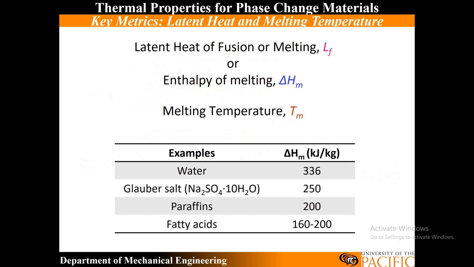There are lots of different candidates. Water would be an excellent candidate, but again, water melting and freezing at particular temperatures might not be the best for your application. But you can see some of the key parameters we're going to be looking for: TM, latent heat of fusion. And we're always going to want these values in kilojoules per kilogram.